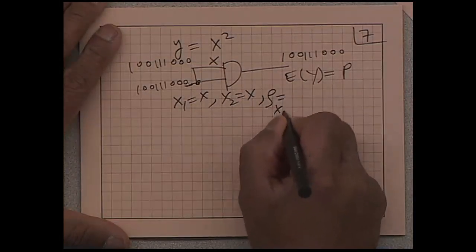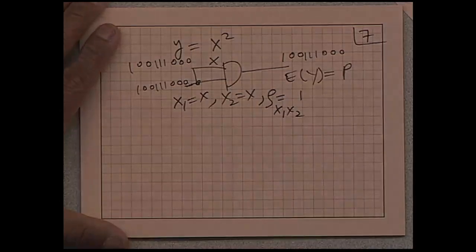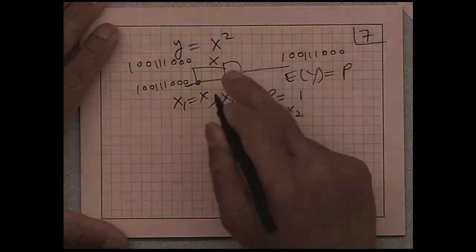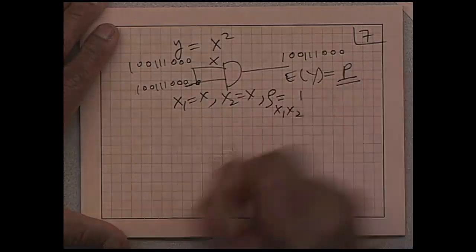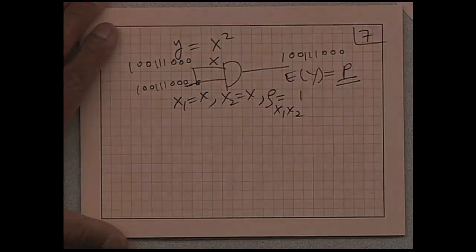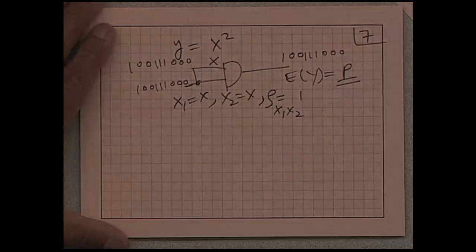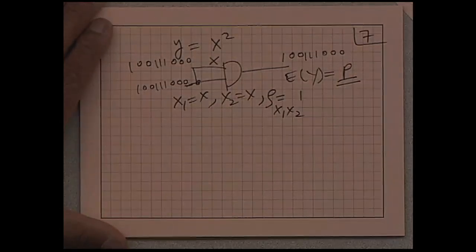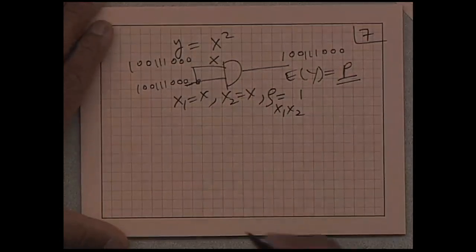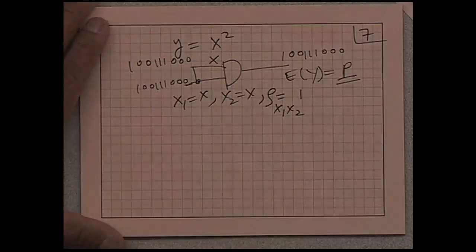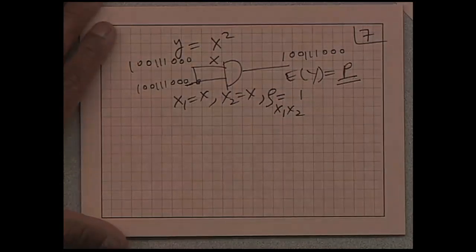Okay, so rho x1, x2 is 1. And that is the reason the output of the AND gate is the same as the input, which is p. So I cannot compute y equal to x squared by just feeding x to both inputs of an AND gate, because it's just going to compute the same thing.